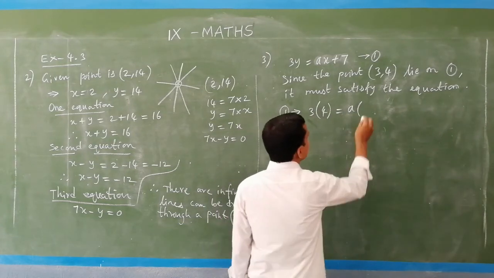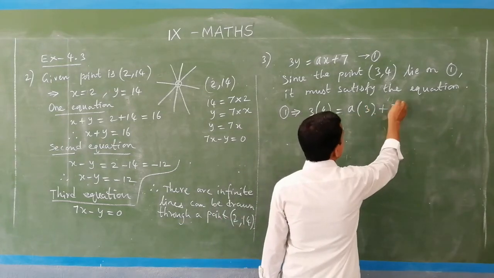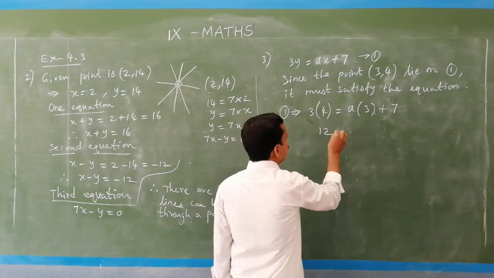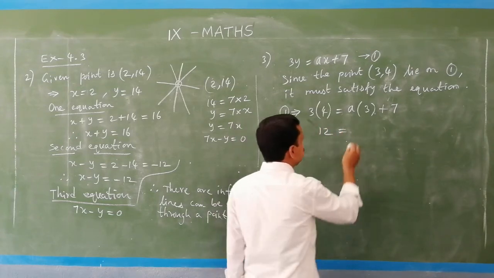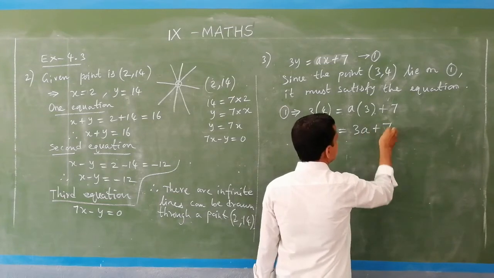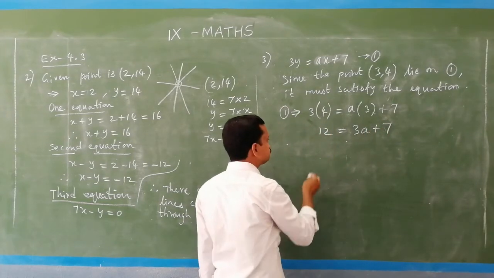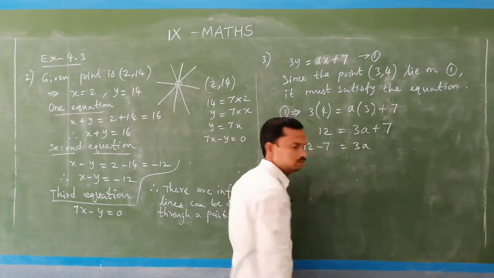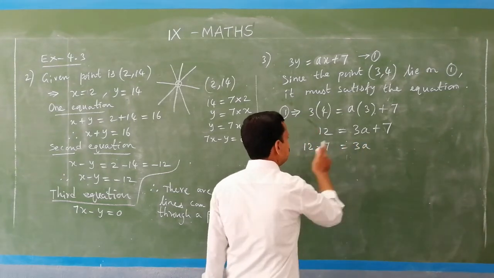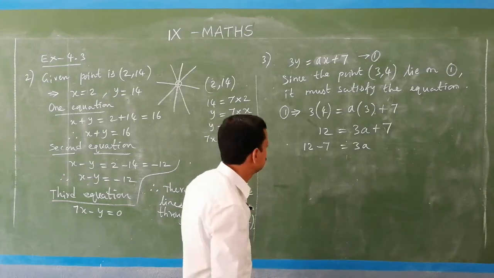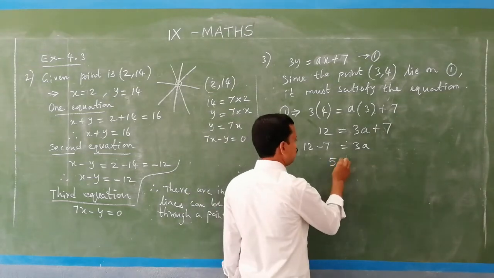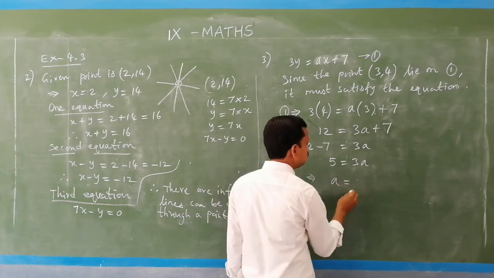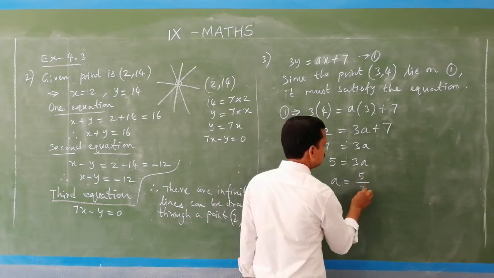So x is 3. What do you get here: 3 into 4 is 12, and now 3a plus 7. Then 12 minus 7 equal to 3a. While transposing, the 7 becomes minus 7. So 12 minus 7 is 5 equal to 3a. This implies a equal to 5 by 3.